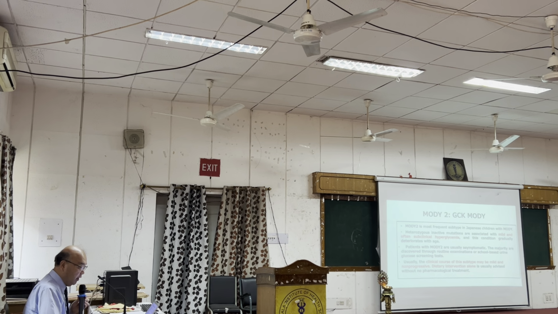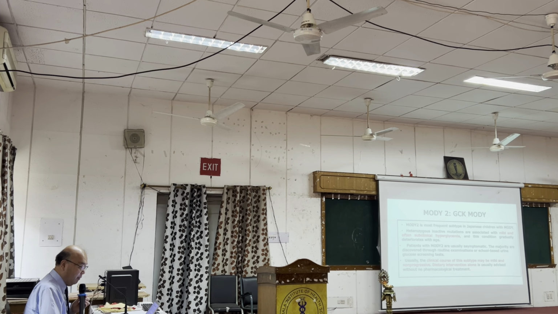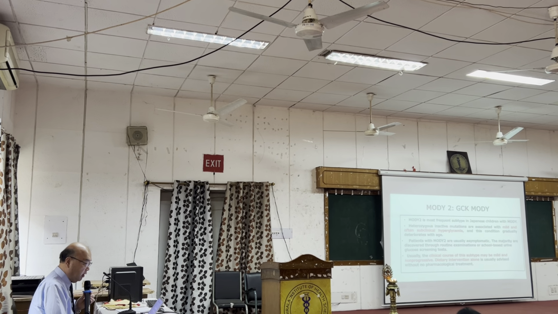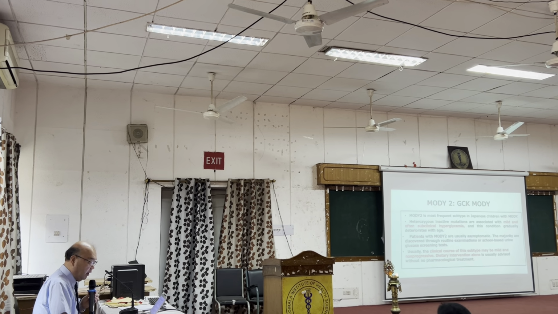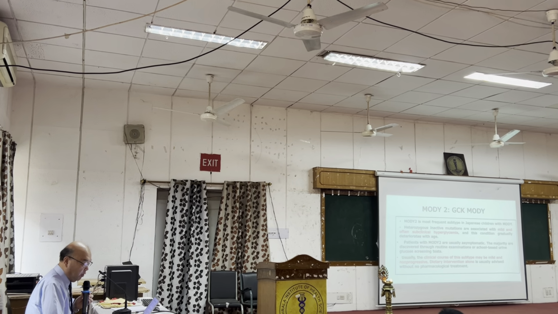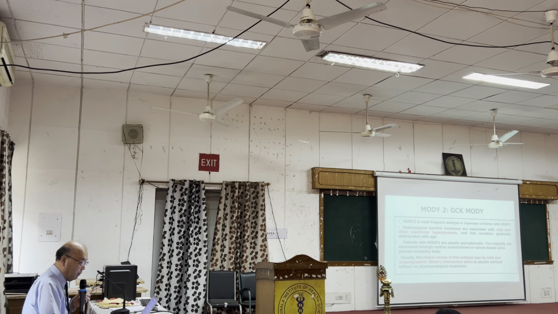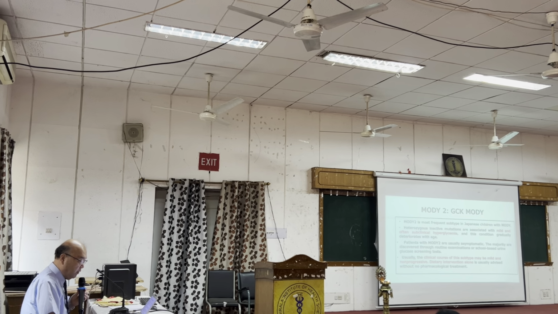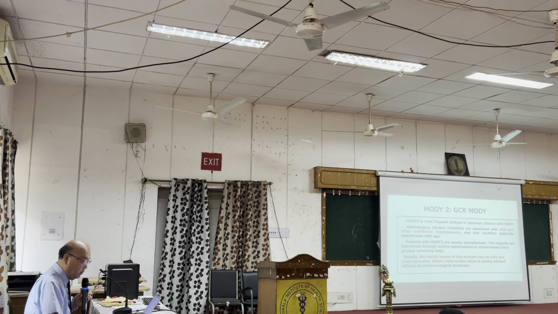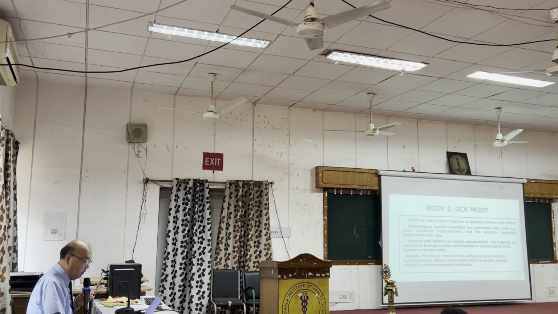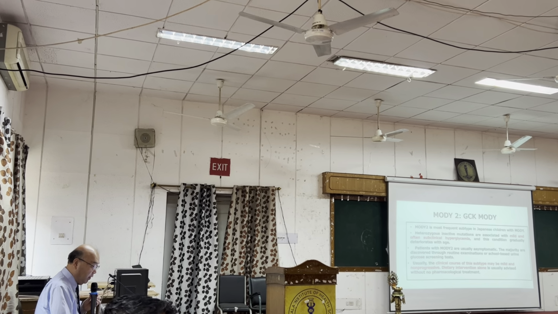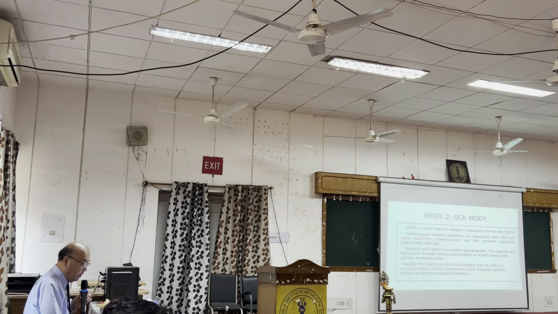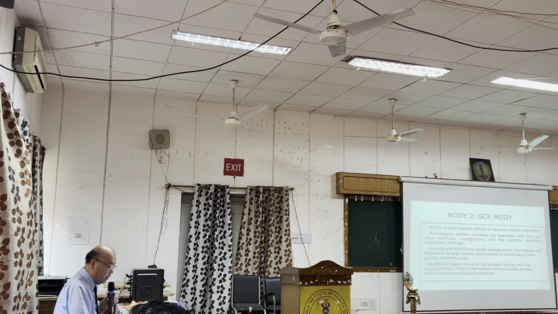Next, I will show you the characteristics of the major subtypes of MODY. First, MODY2, GCK MODY, glucokinase MODY. MODY2 is the most frequent subtype in Japanese children with MODY. Heterozygous inactivating mutations are associated with mild and often subclinical hyperglycemia, and this condition gradually deteriorates with age.